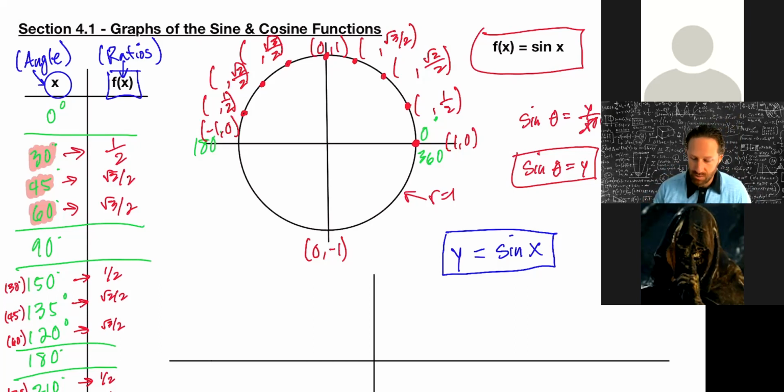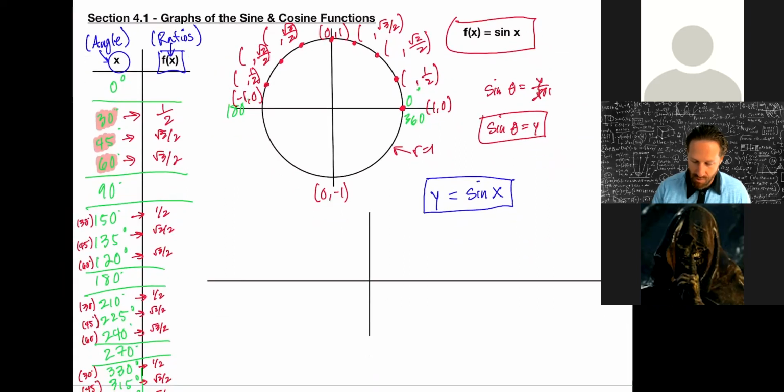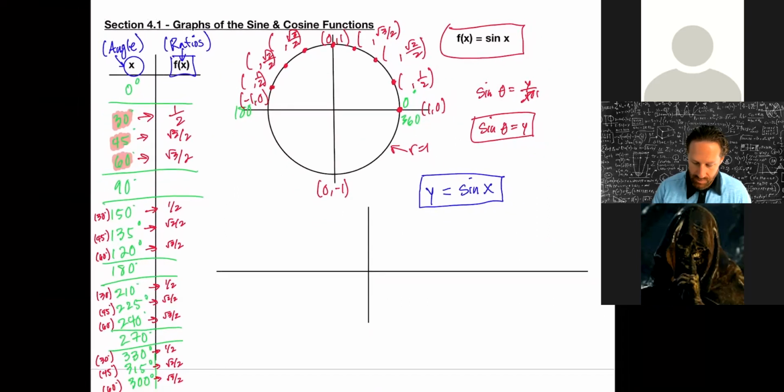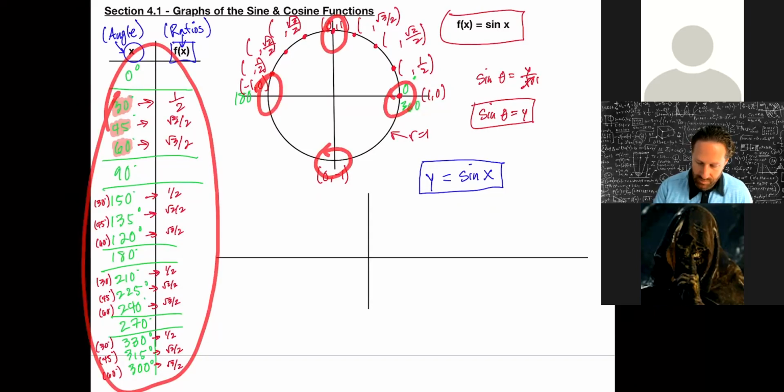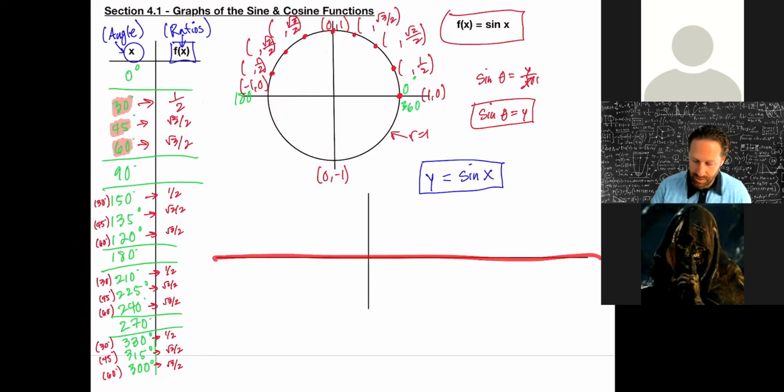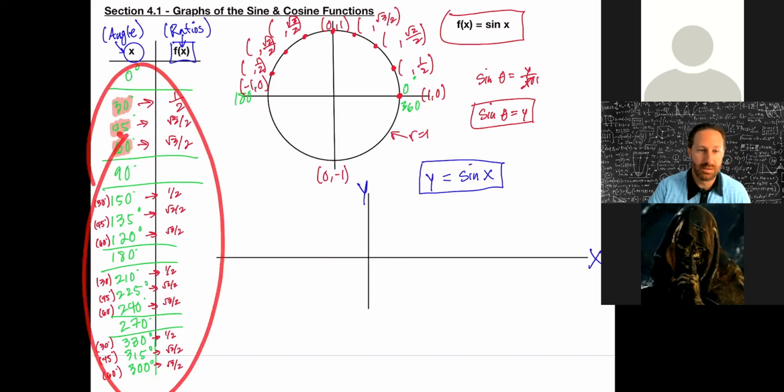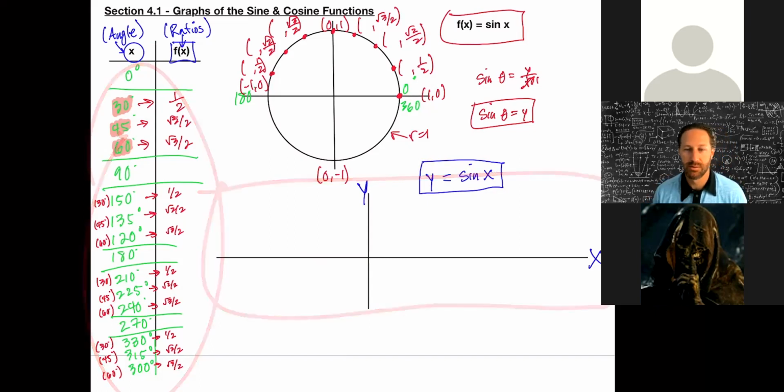So what we're trying to do then is take all of these values that we just talked about, including all of the quadrants, and we're trying to put them on an x and y axis. Because what's easier than saying all of this? Showing you all of this.